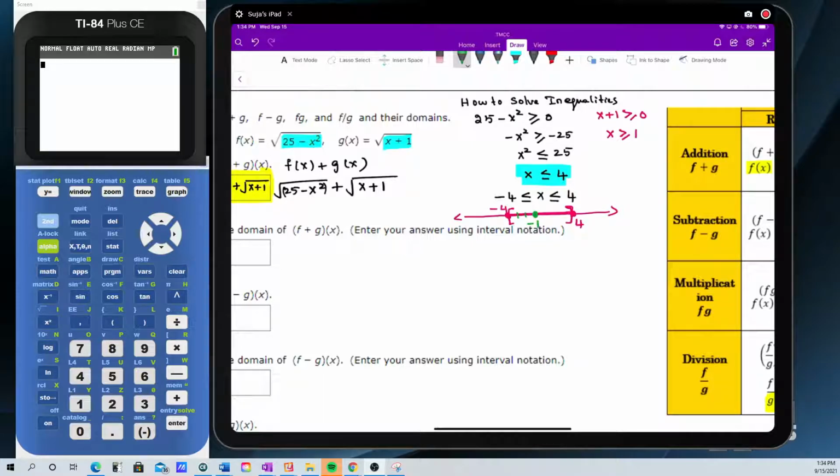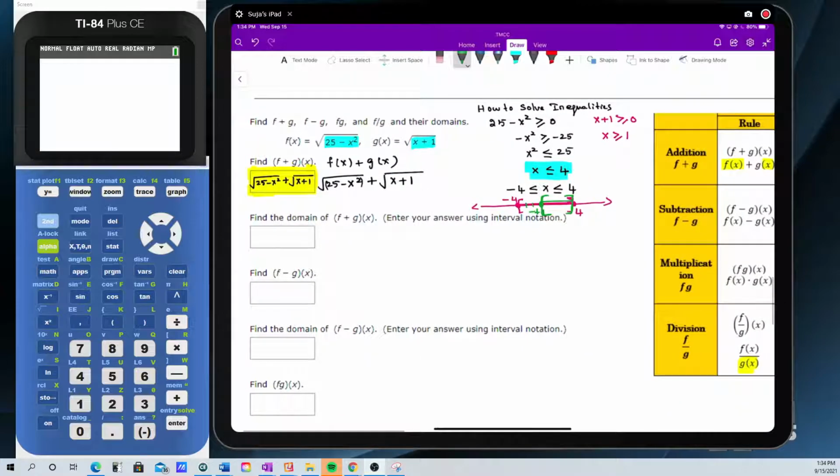Now everything to the right, but I cannot cross the 5. So this is the region that's common for both. This is my negative 1 to 5. Therefore, the answer for the first part of the question, the domain of this sum function is starting from negative 1 all the way to 5, including negative 1 and 5.